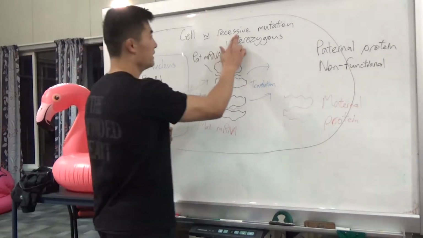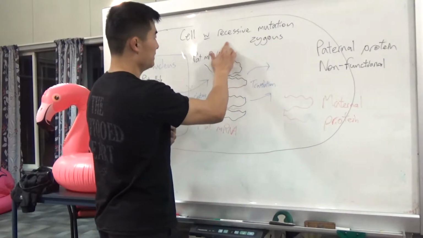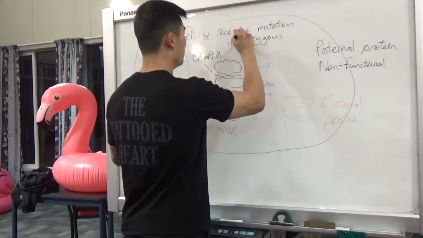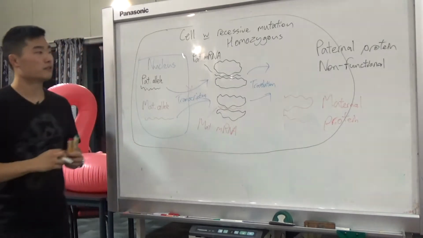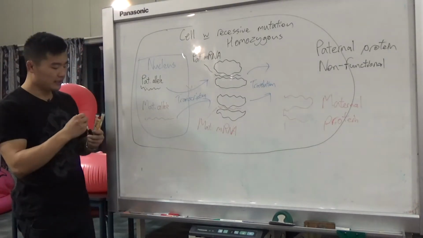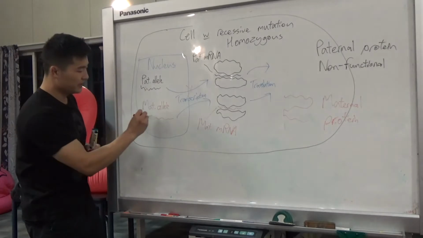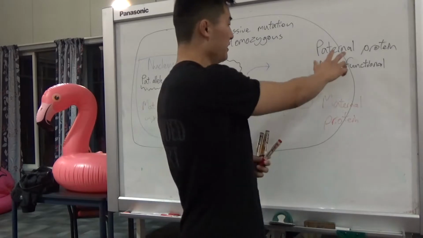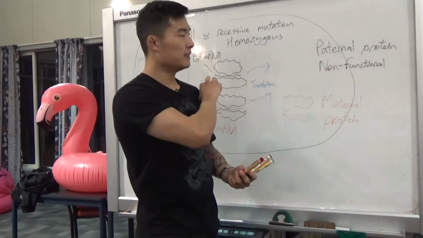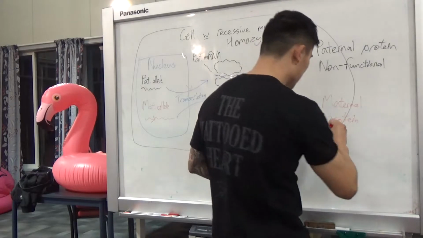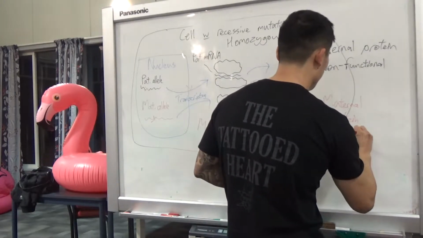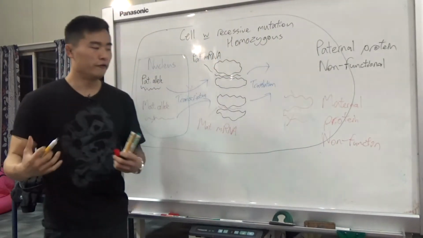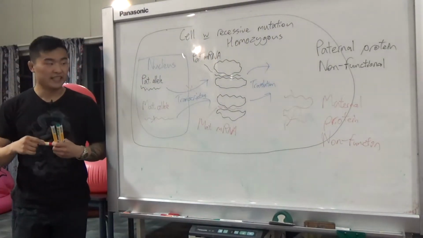But if another person is now homozygous recessive, so both of their alleles have the mutation, and now both the paternal allele and the maternal allele are mutated, which means they now have no functional protein inside that cell.